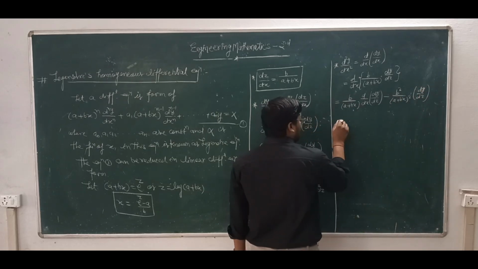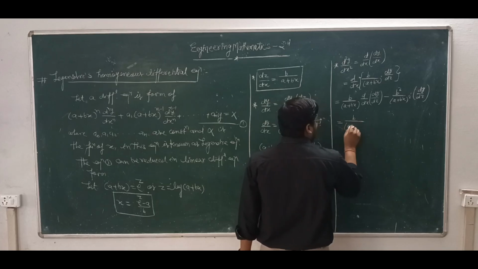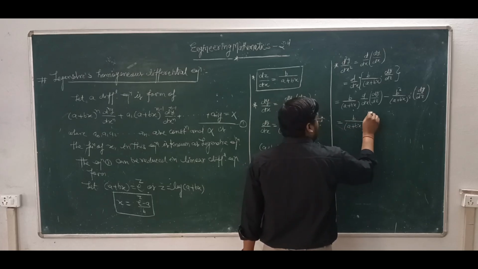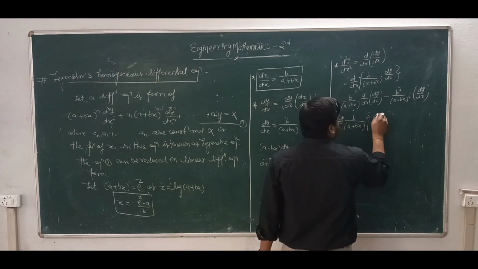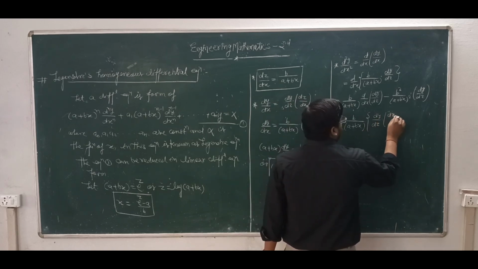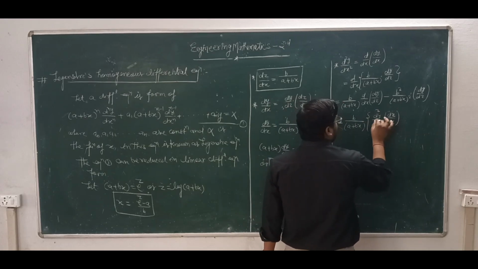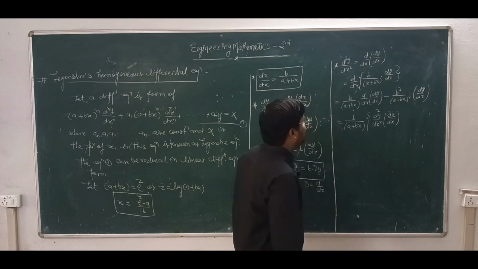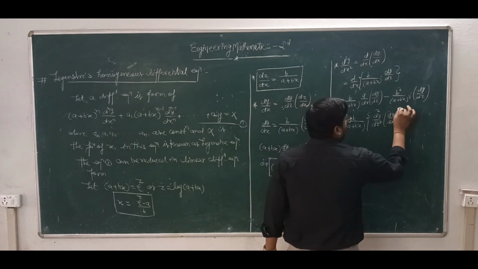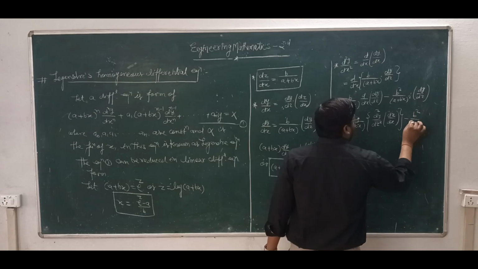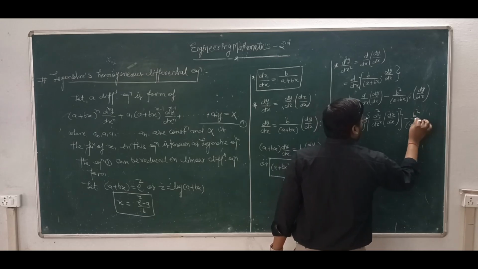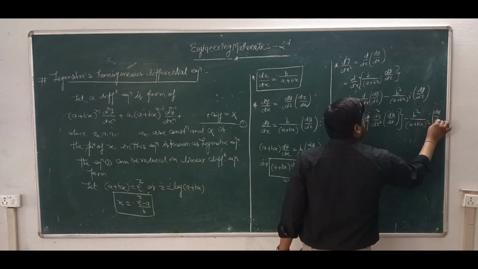Now you can solve this. You multiply b upon a plus bx by d by dz of dy by dz into dz by dx, which gives d2y by dz2, now minus b square upon (a plus bx) whole power 2 dy by dz.